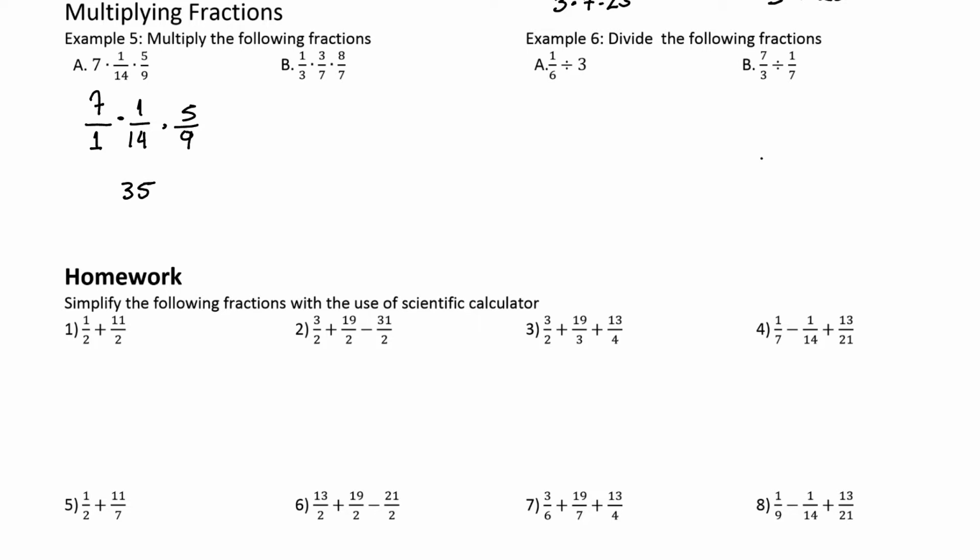And on the bottom, we are going to get 1 times 14 is 14, times 9 is 126. Now this one can be simplified because both of them can be divisible by 7. You're going to get 5 on the top and 18 on the bottom.